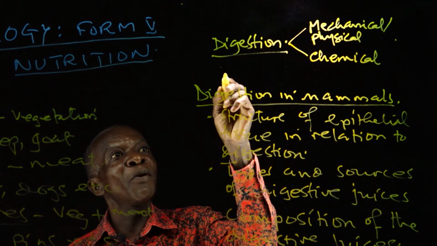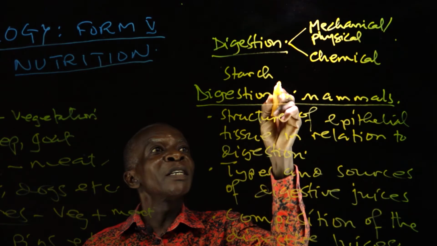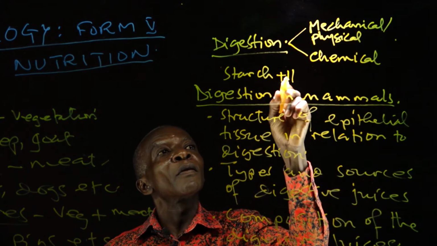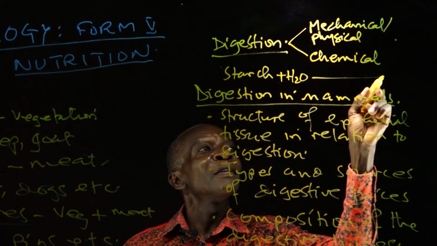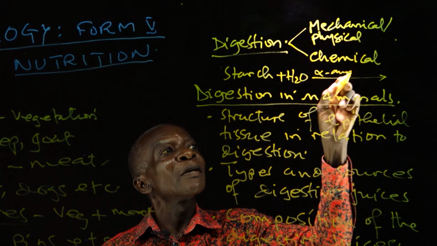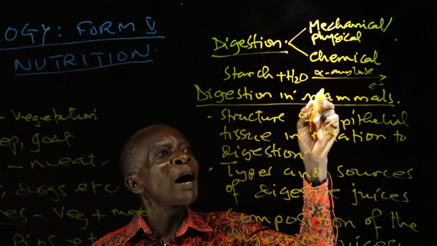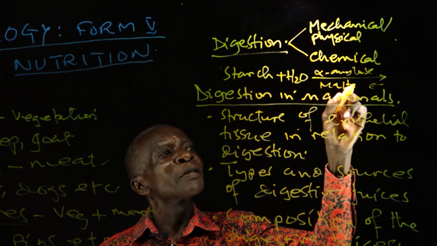Talk of an example of starch. Well, this starch is hydrolyzed by salivary amylase, and the product that is formed is maltose.